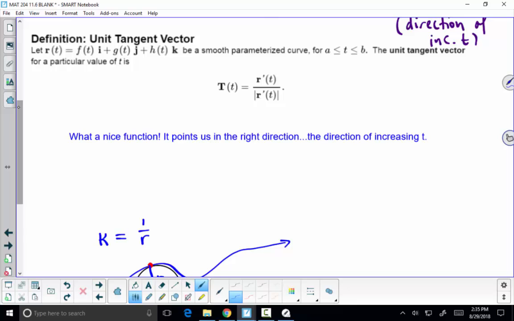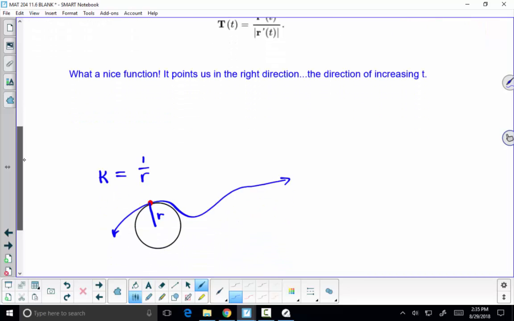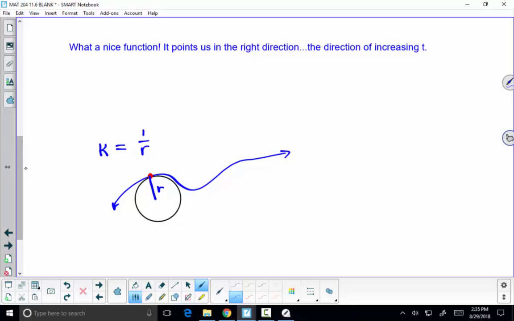So the unit tangent vector is found in a way that should be pretty obvious to us by now. If we take a vector and we divide it by its magnitude, we've seen that that generates a vector that has 1 as its length. Take a vector, divide it by its length, you have a unit vector. So that's going to be our unit tangent vector. And we imagine unit tangent vectors on our curve.